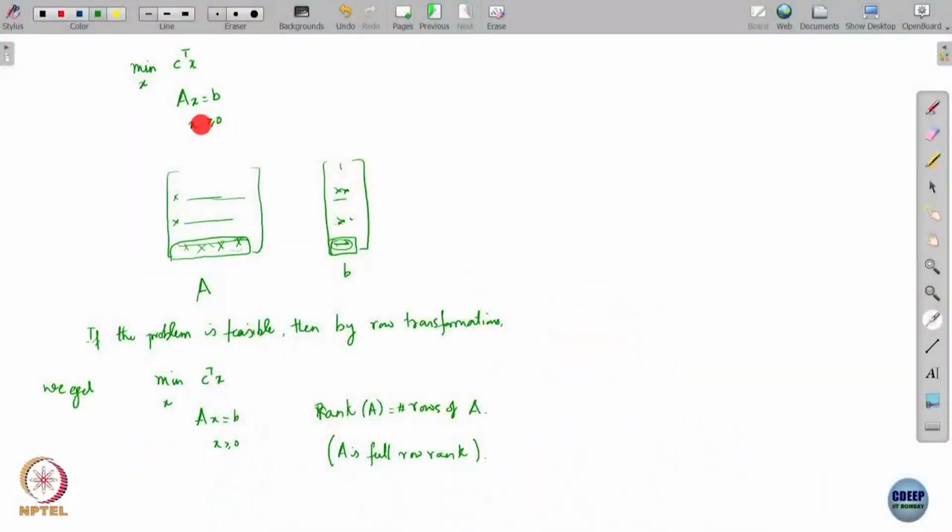So, I had a general problem like this where I had an equality constraint Ax equal to b and x greater than or equal to 0. I have now said that I can be more specific. I can take A to be full row rank. Can you be even more specific then? Is there any further reduction possible?